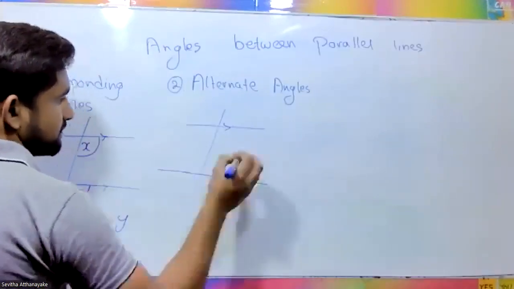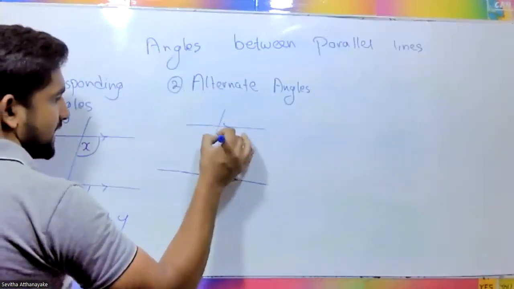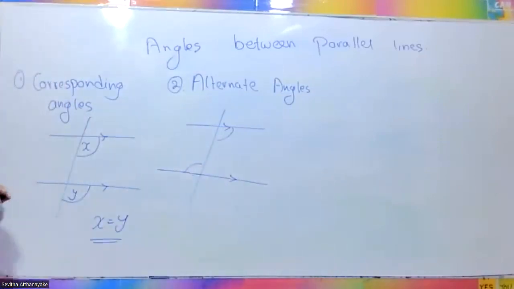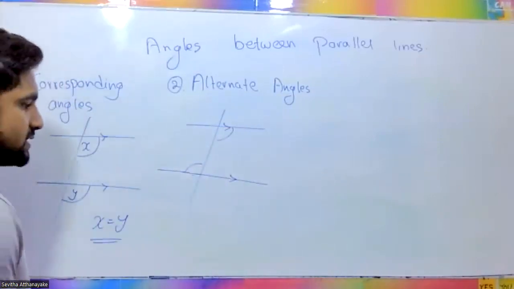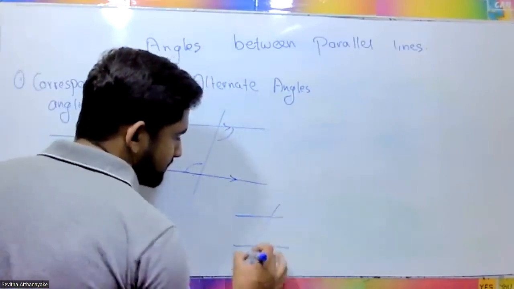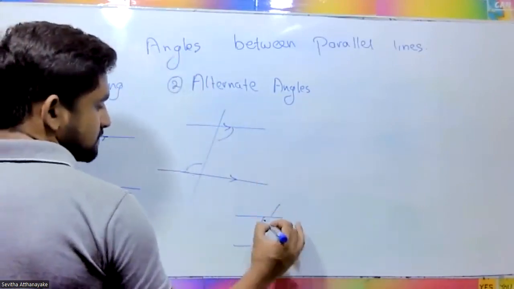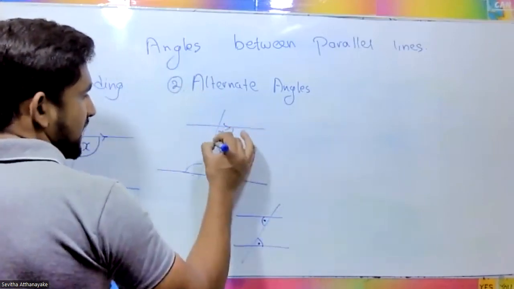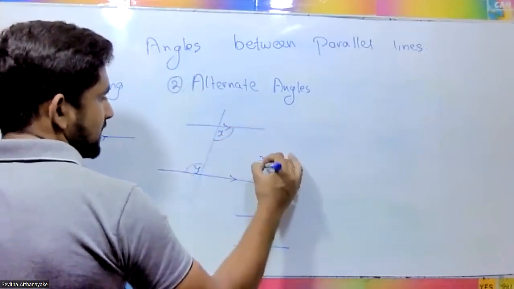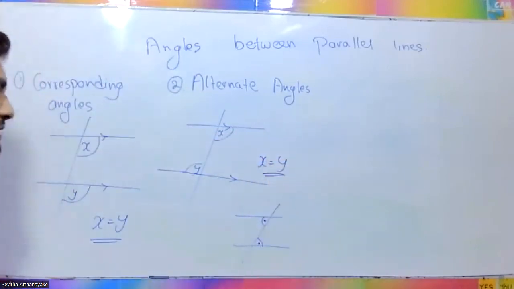Then here, this angle will be equal to this angle. Z shape. The shape is like a Z. Here, like this. If you have x and y, x equals y.